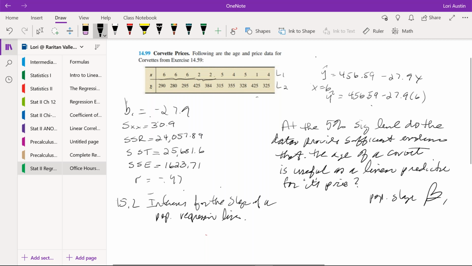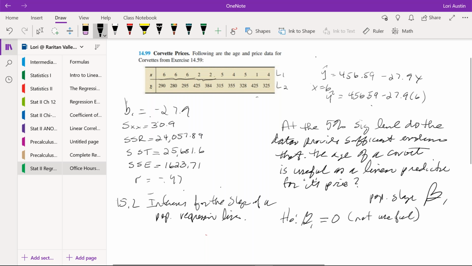So here's the idea. If our slope were actually equal to 0, so we're going to do a null hypothesis that says our slope equals 0, what that means is it is not useful. Because a 0 slope is a perfectly horizontal line, and I talked about this in one of the earlier videos from chapter 14. If we have a 0 slope, then your x value is really not predicting your y value.